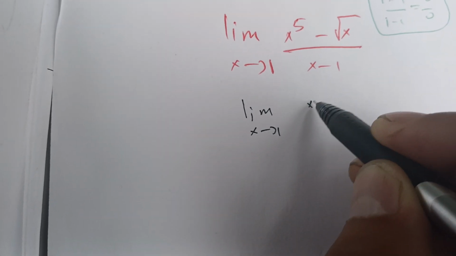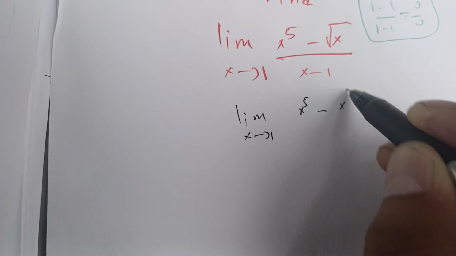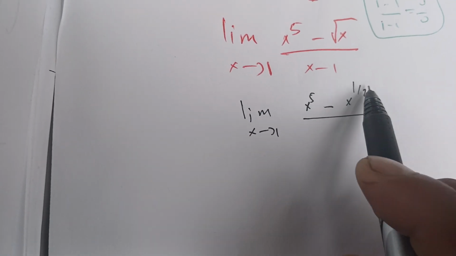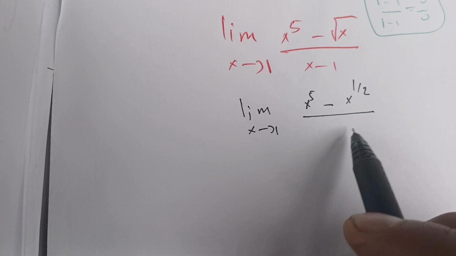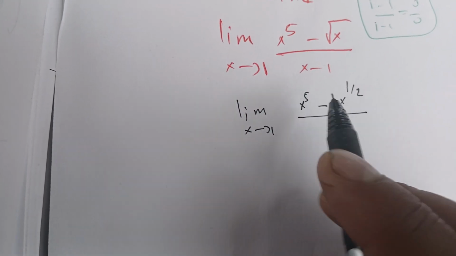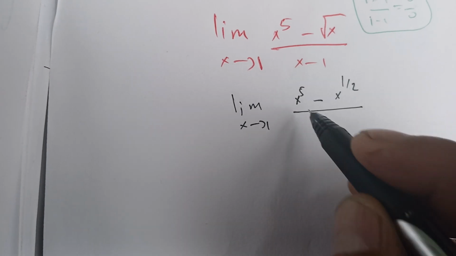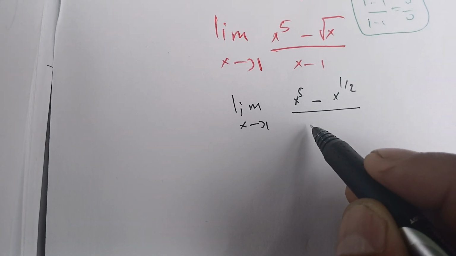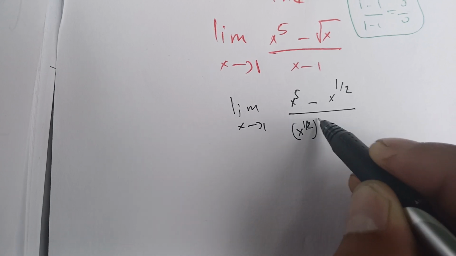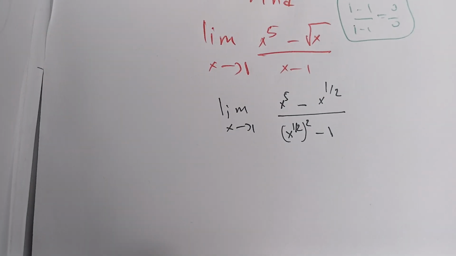So we can write it as x to the power 5 minus x to the power 1/2. Here we have to make the powers appear similar to the one on top. So here we can write x as x to the power 1/2 squared minus 1.